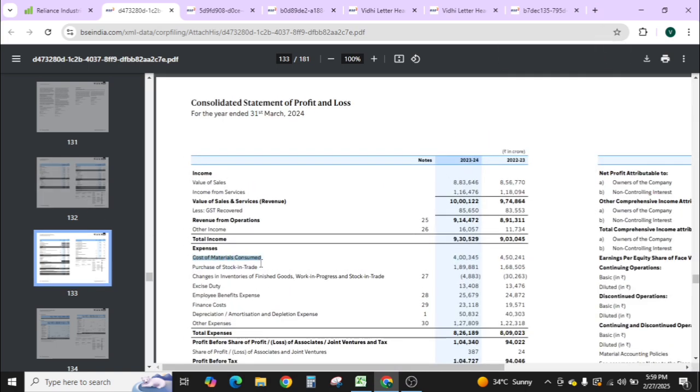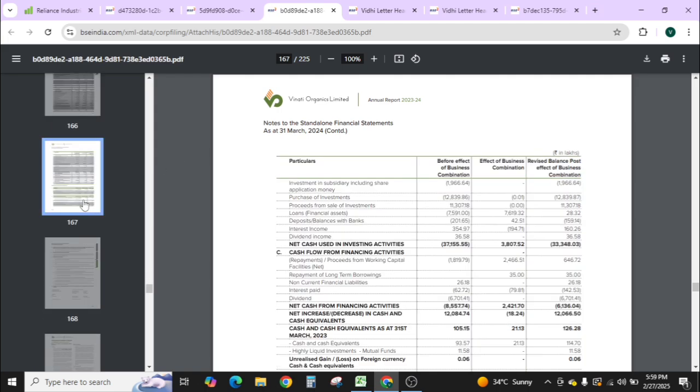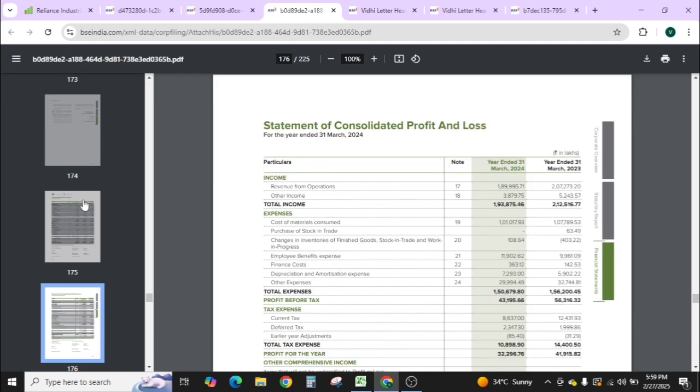They have COGS, purchase of stock in trade, and changes in inventory of finished goods, work in progress and stock in trade. So this tells us that Reliance does both manufacturing and trading. Now if we see Vinati's P&L for FY24, purchase of stock for this year is nothing, but we can't tell because stock in trade is also there.